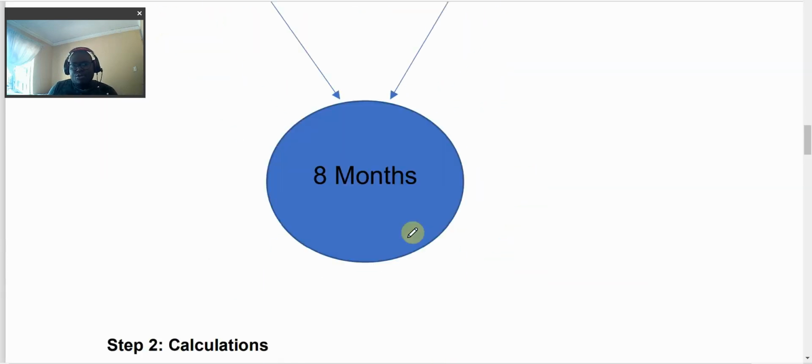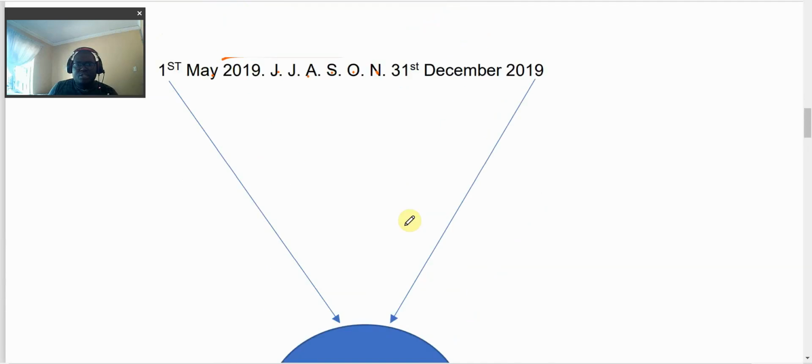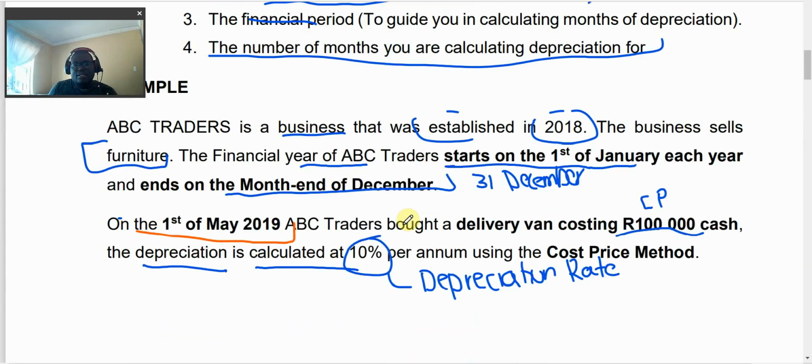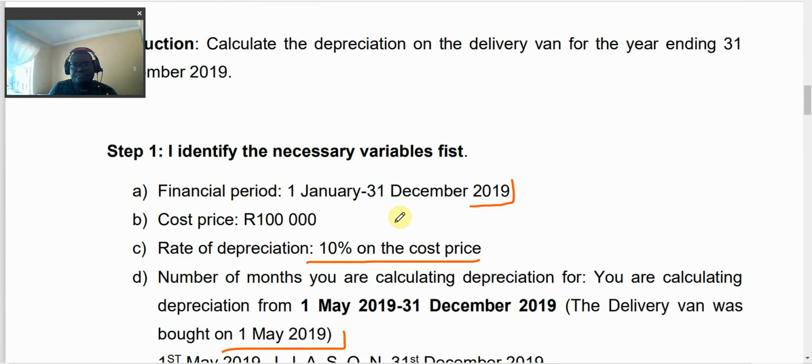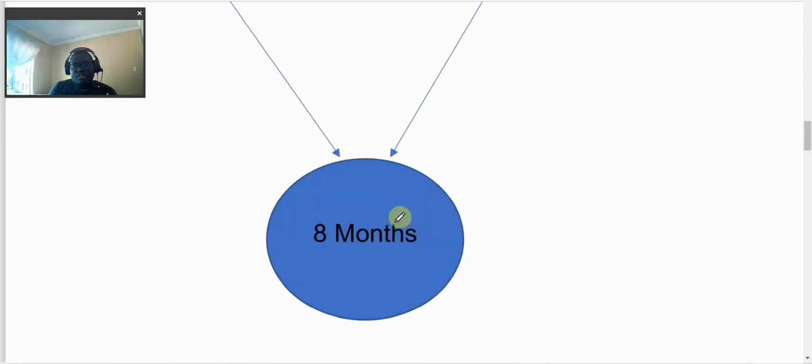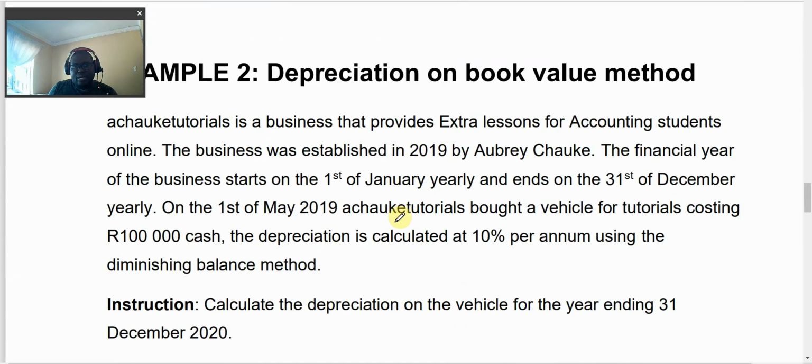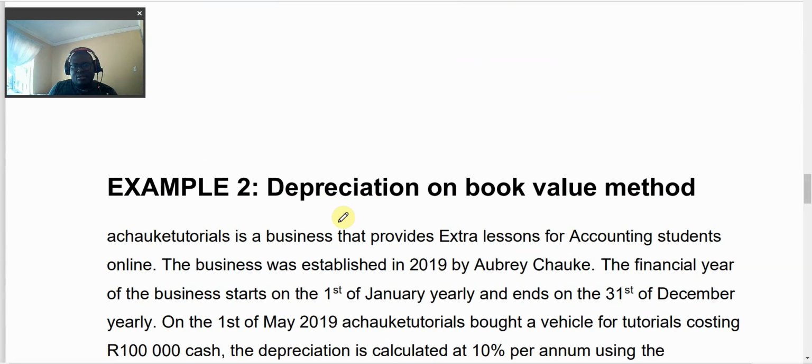Now we're going to go to the second method of depreciation, which is known as the diminishing balance method. I'm going to take you through that method, which is known as depreciation on the book value.